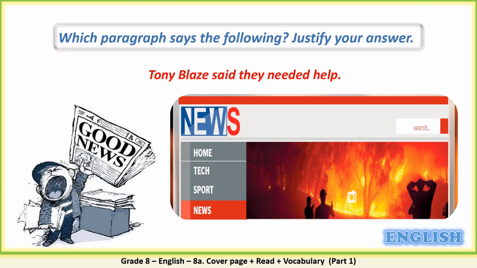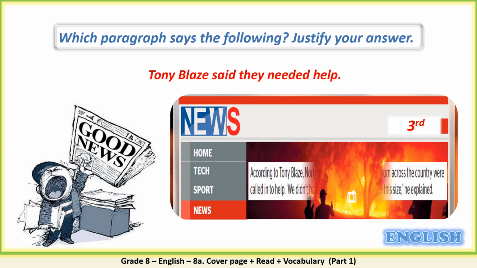Tony Place said they needed help. Great job, dear students. The third paragraph says that, and this is the justification. According to Tony Place, Norton's mayor, lots of firefighters from across the country were called in to help.